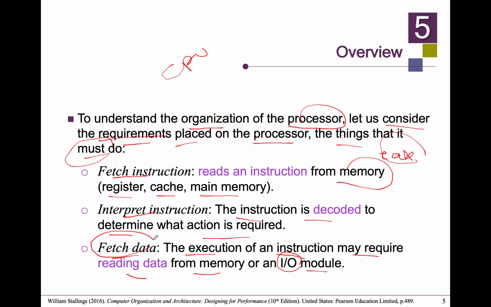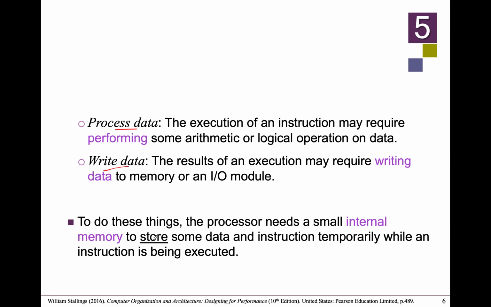I guess you have already looked at some of this, only in terms of theory. Now you look deeper into it. The execution of instructions may require performing some arithmetic or logical operations on data. This is your process data. And lastly, your write data, where the result of execution may require writing data to memory or an input-output module.